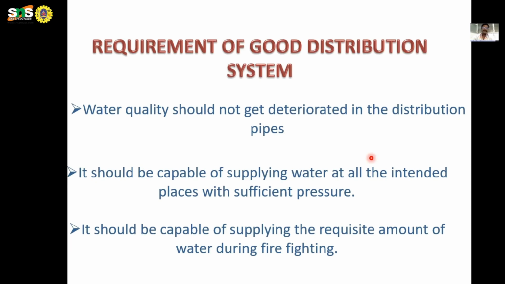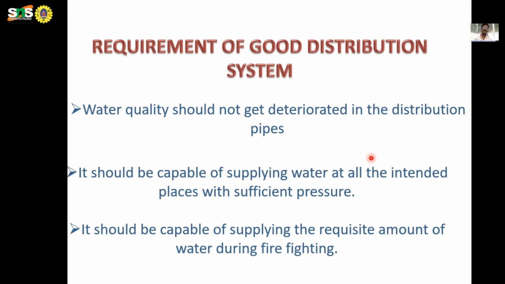So the person who is staying nearer to the distribution reservoir should have the same pressure as the person who is at the dead end, far away from the supply reservoir, or at least sufficient pressure should be maintained.